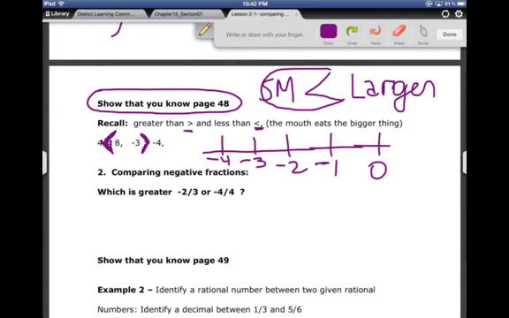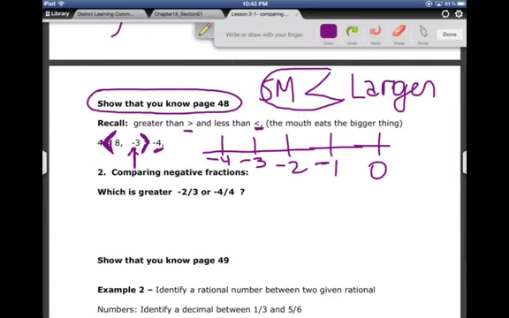So when we look at this greater than and less than sign, we would say that 4 is less than 8, and we could say that -4 is less than -3. And there's different ways of saying this. Instead of less than, we turn around and say, who's bigger? If we do that, we could say that -3 is greater than -4. It's just how you look at it. It's how you describe it. You can say who's smaller or who's bigger. So let's see what we can do here.